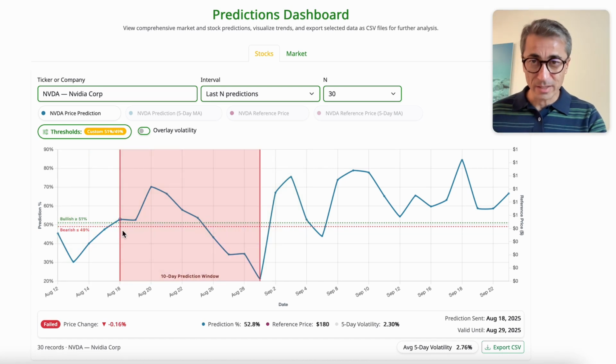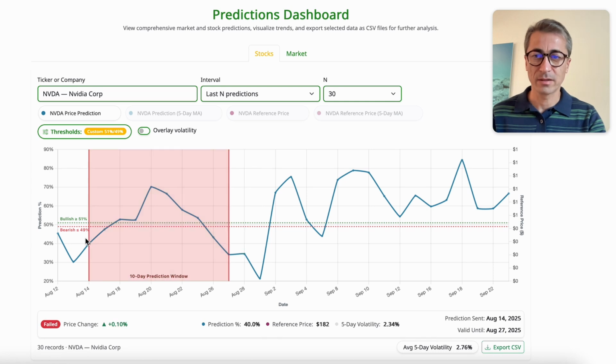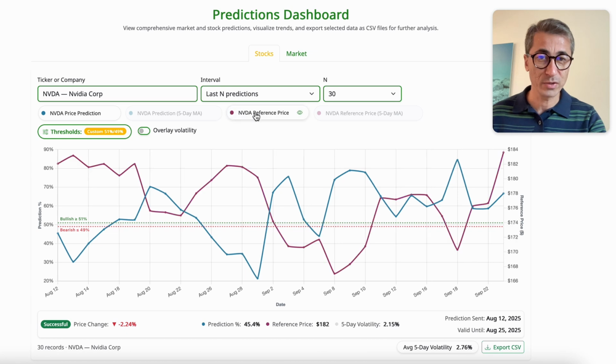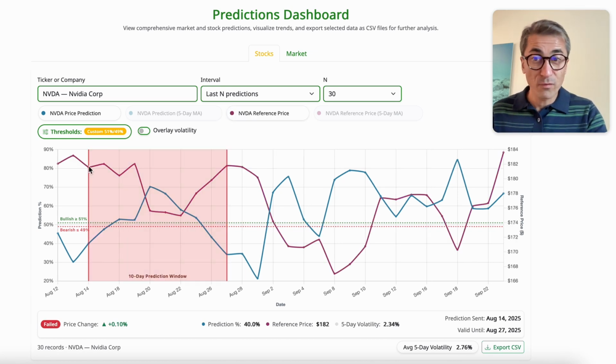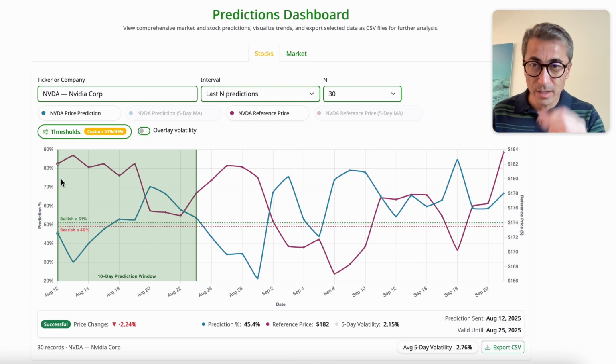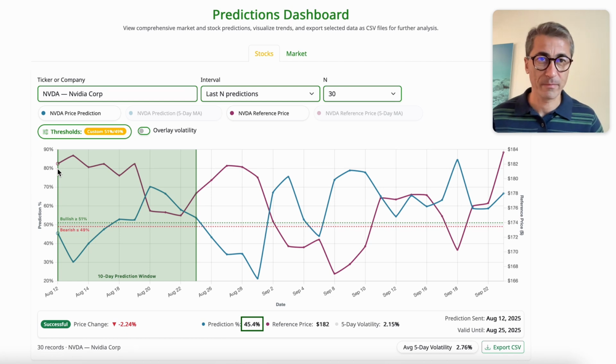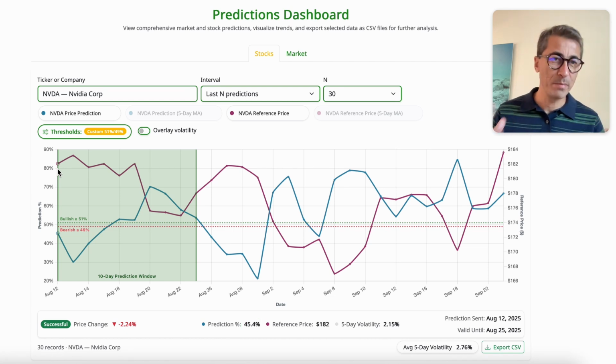So what we see here, as mentioned, the prediction line, for each day we have a separate prediction, but it's not only about that. We also have the option to add the reference price to this chart. So for example, here in this case, the very first prediction in the chart was 45.4%. 45.4% is a bearish one.